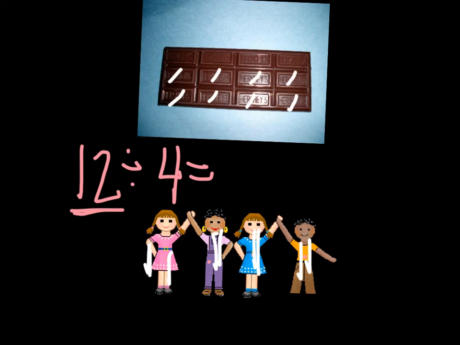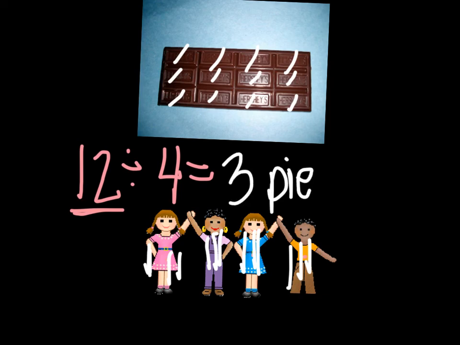Hopefully you're noticing that not only am I adding it to my people, but I'm also taking it away from my candy bar, so I know how many I have left. Then I'm going to do the last 4. 1, 2, 3, 4. Each kid got 3 pieces of candy. So my quotient is 3 pieces of candy if you want to get specific.